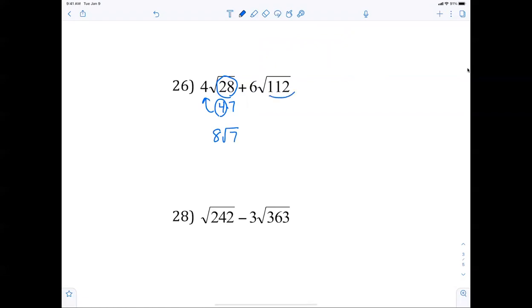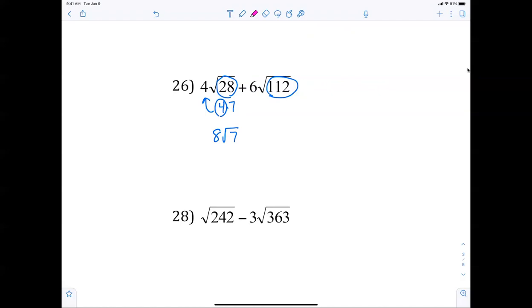Now 112. I told you, right? One of the biggest helps is understanding the previous problem had a what in it. So the other one's probably going to have a what? 7. So now most people don't know 16 times 7 is 112, but we were able to say divide it by 7 because there's a 7 in the first part.